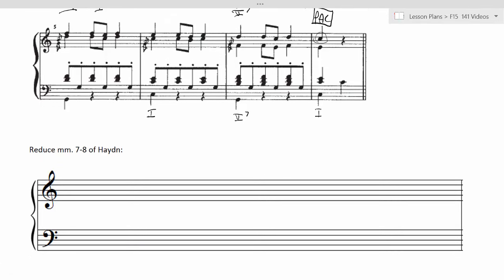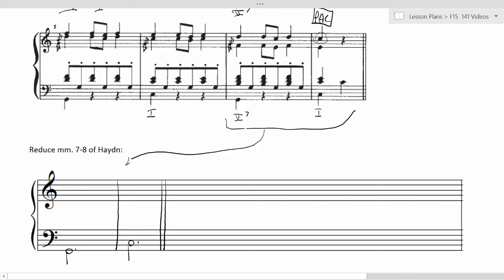In the soprano, over the 5/7, we've got a D, and that D, Re, moves down to C in measure 8. So there's our D moves down to C, right? And our G moves up to C here in the bass. Okay, then for the inner voices, we've got an F in the alto here, and that F goes down to E. And we've got a B in the tenor here.